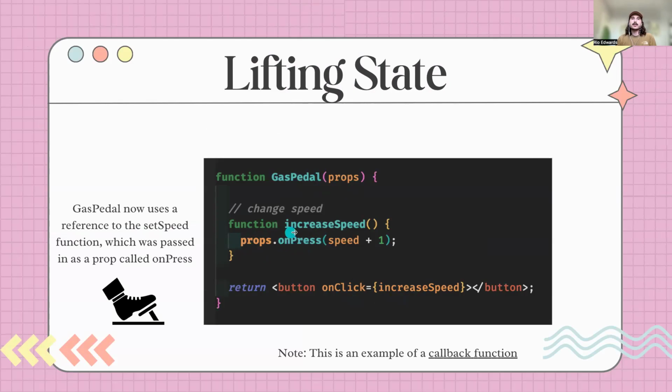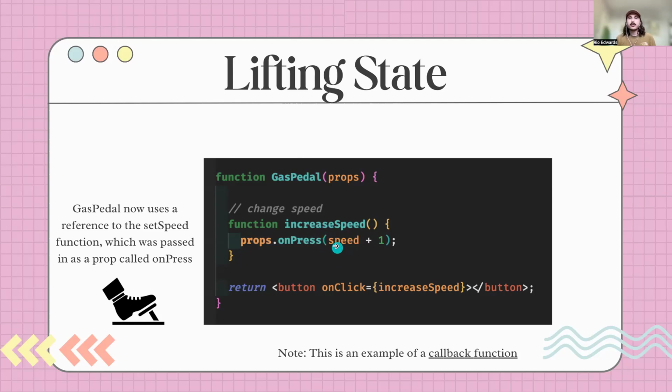So on press is now in our gas pedal, on press is a reference to the set speed function. And so now whenever we increase speed, we're calling this on press function and setting the speed plus one.